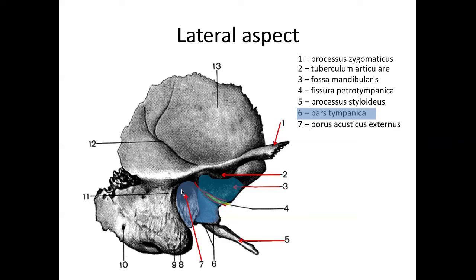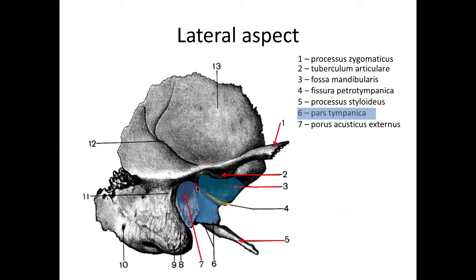And very important to distinguish that fossa mandibularis is divided in two different regions. One of it is belonging to the squamous part of bone, and posterior part belongs to the tympanic part of bone.